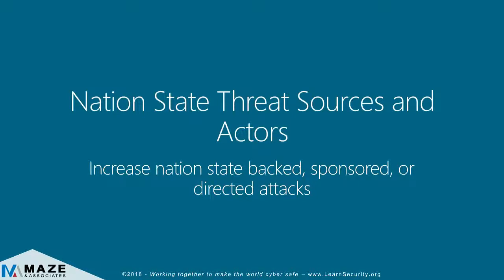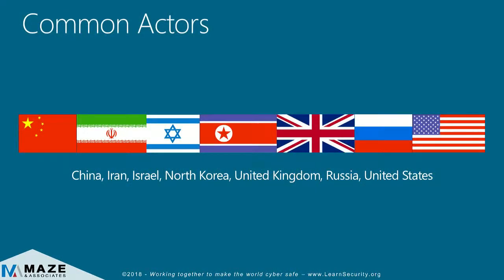So one of the things that we want to do is try to understand where our enemy's coming from, what are some of the things that they're doing now so that we know what to do to avoid them, or at least be able to recognize when something's happening. And so we've seen in the last few years an increase in nation-state backed or sponsored or directed attacks. Sometimes it's hard to make attribution directly to a nation state saying they are responsible for this, often obviously because they're going to deny it.